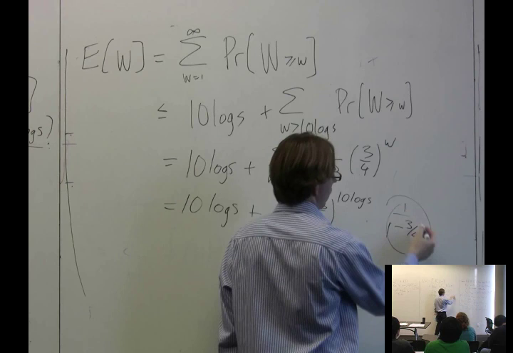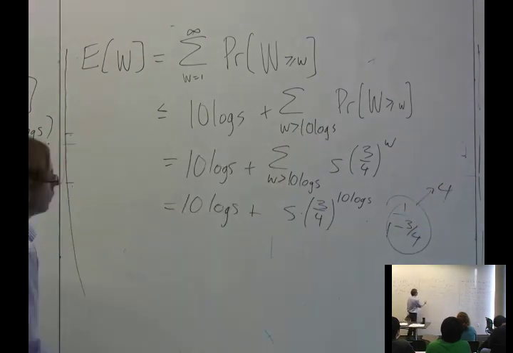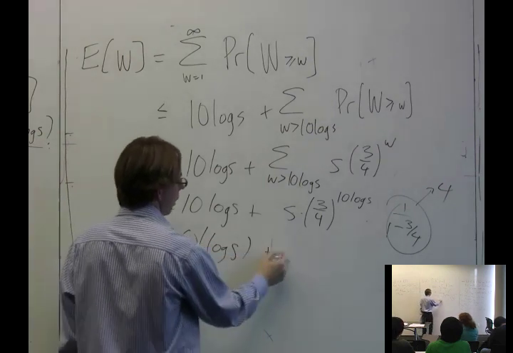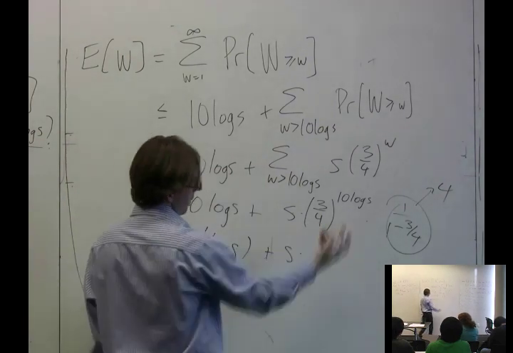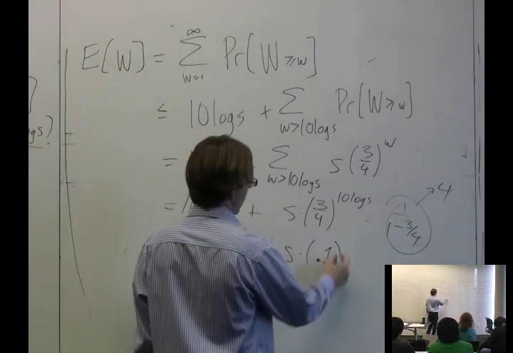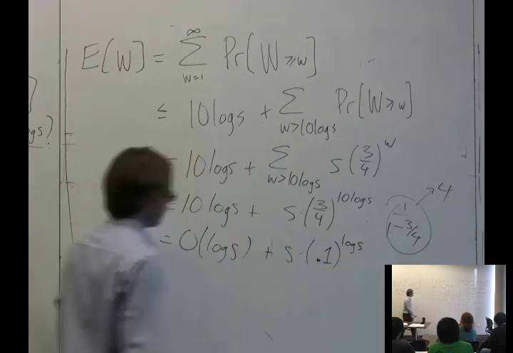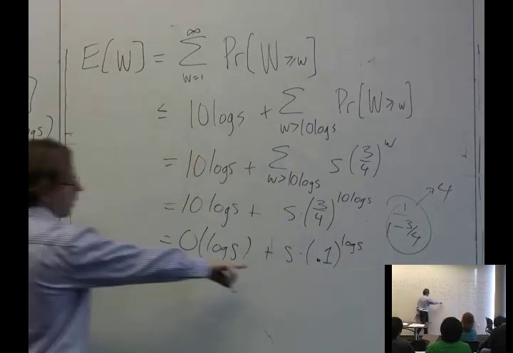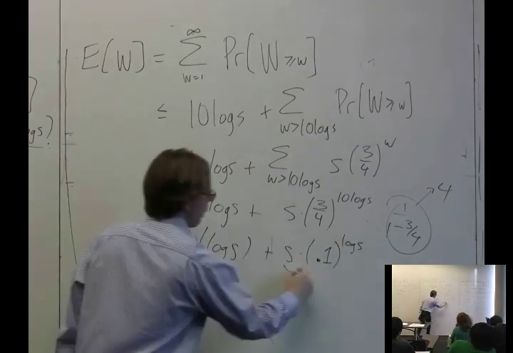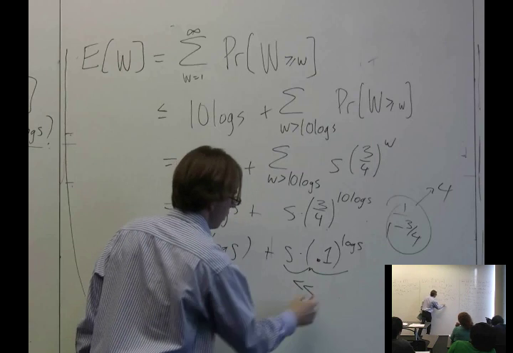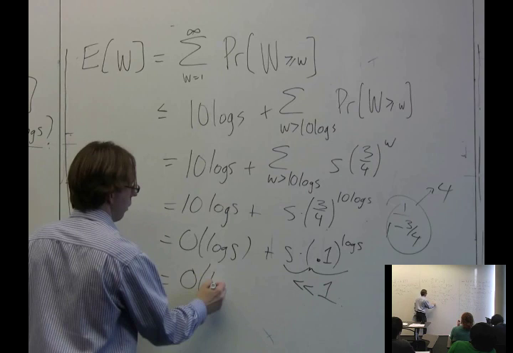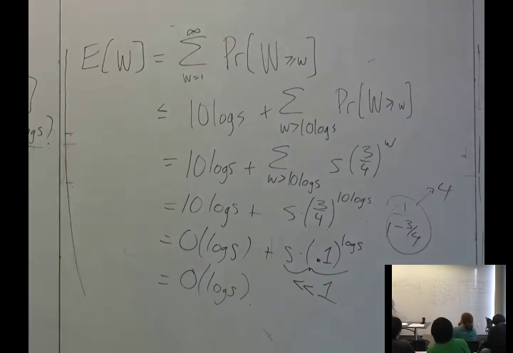That's just 4. Okay, so we get O of log S. And then this thing is S times 3/4 to the 10th, which is some very small number, like, I don't know, 0.1 perhaps to the log S. Okay, and this is smaller than 1 over S. This is much smaller than 1 even. Okay, so the whole thing is O of log S.